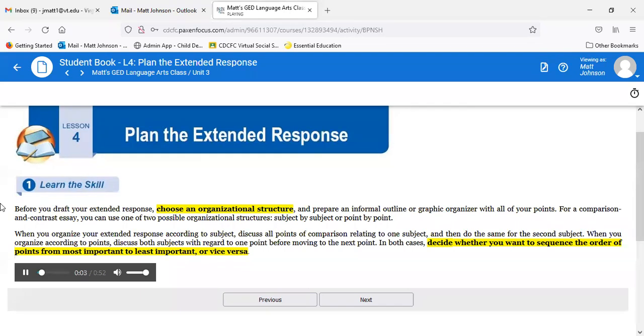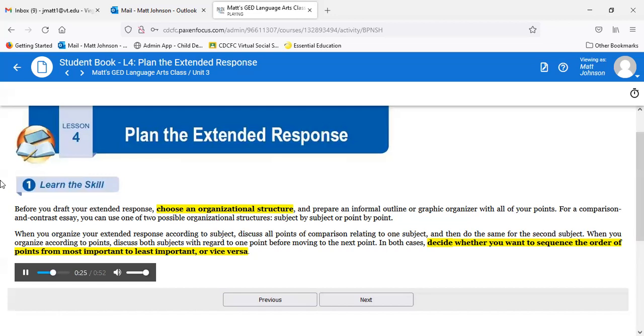Before you draft your extended response, choose an organizational structure and prepare an informal outline or graphic organizer with all of your points. For a comparison and contrast essay, you can use one of two possible organizational structures, subject by subject or point by point.